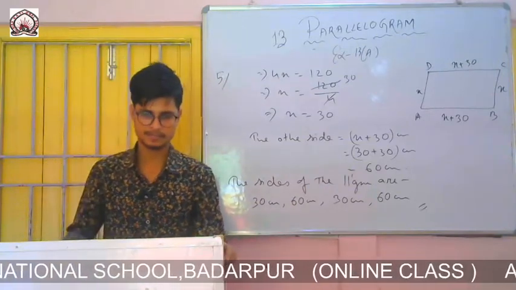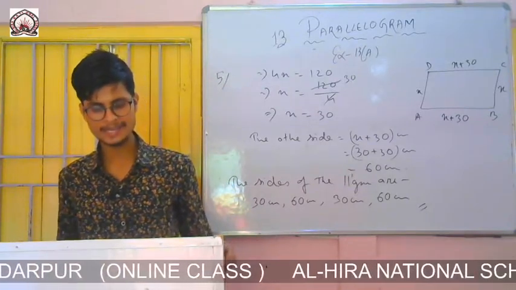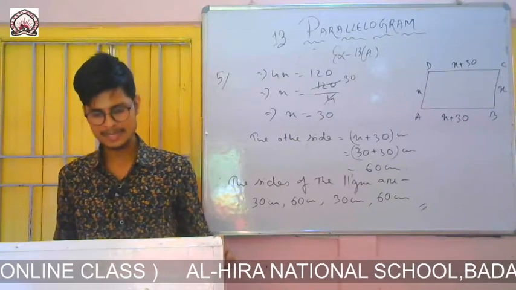Now question number 6. Find the size of the angles of a parallelogram if one angle is 20 degree less than twice the smallest angle.